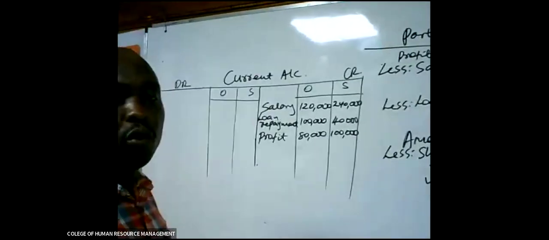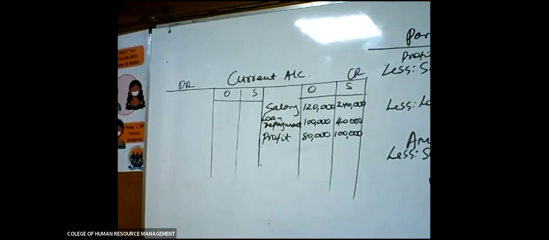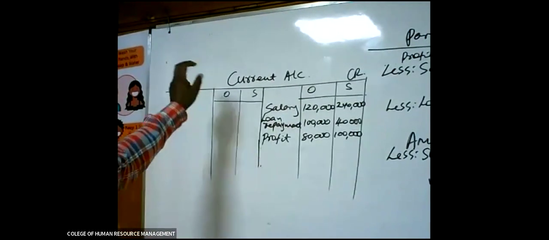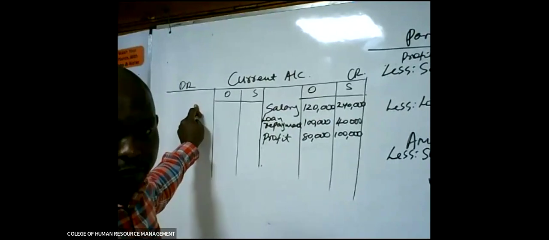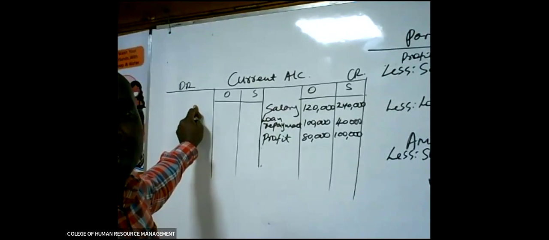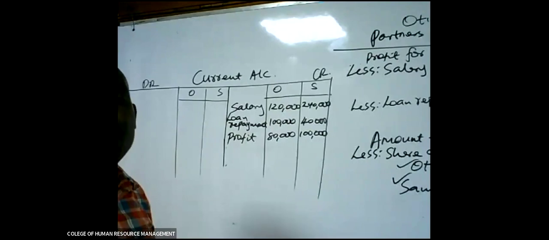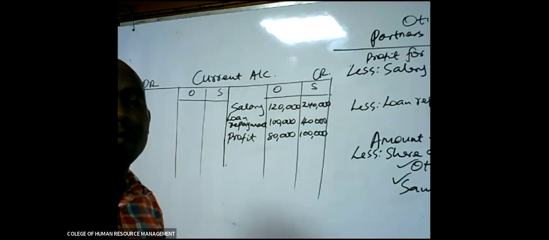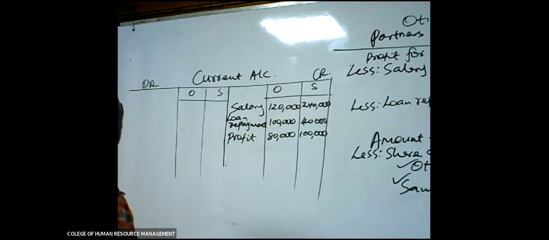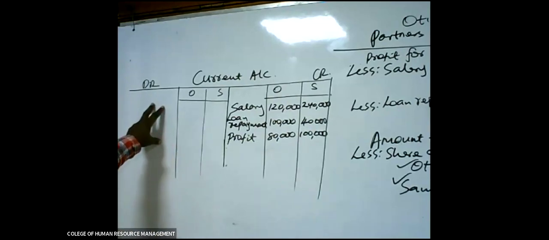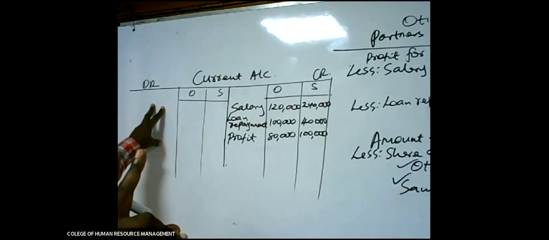And then what we normally debit, which this question does not have, is the drawings. Remember drawings, the partners took money from the business for personal use, or took some resources, not necessarily cash, from the business for their own personal use. Drawings, an amount the partners are supposed to pay back to the business, we normally debit. And also interest on the drawings.